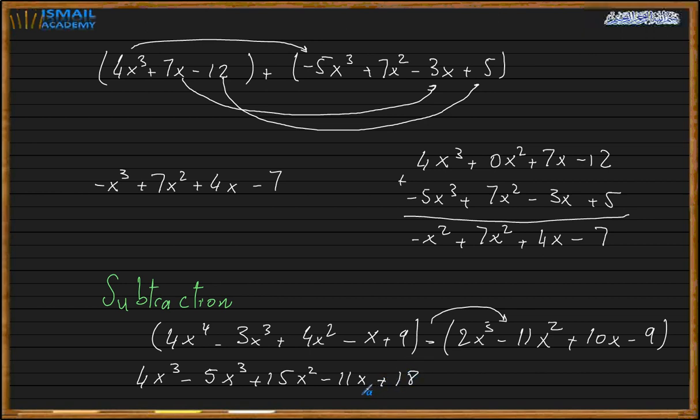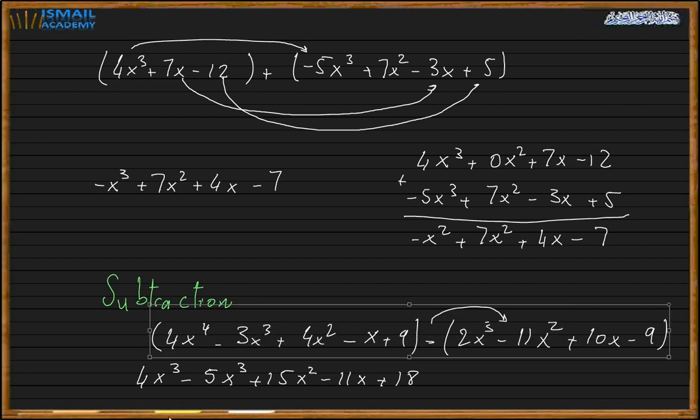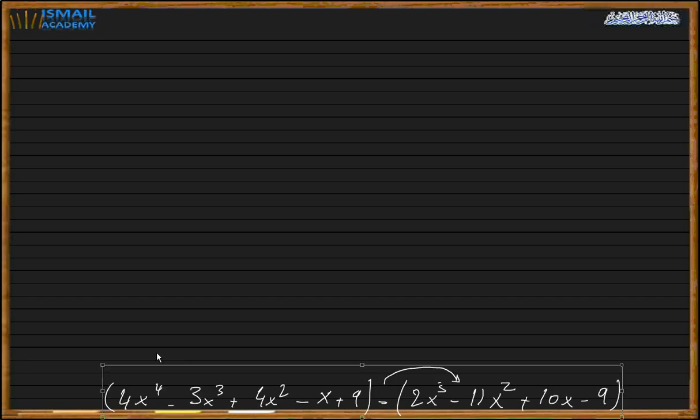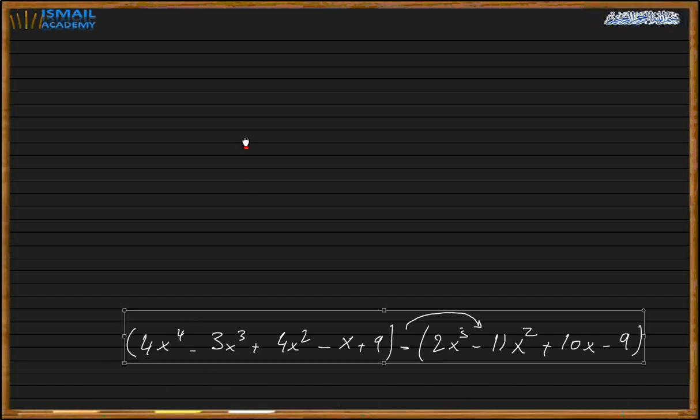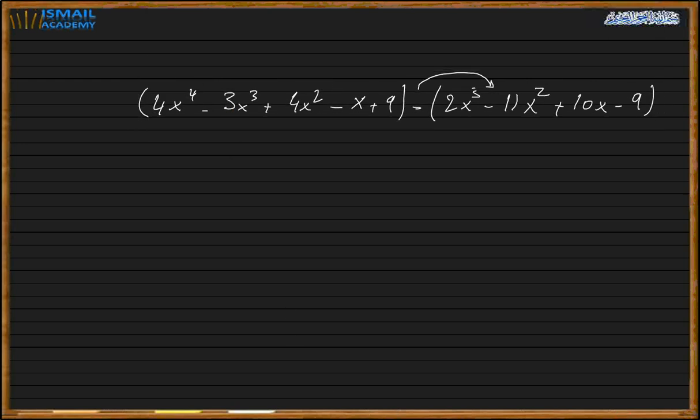So if I want to do it vertically, it's going to be the same thing. So let me just copy it on the other board. If I do it vertically, it's going to look like this.